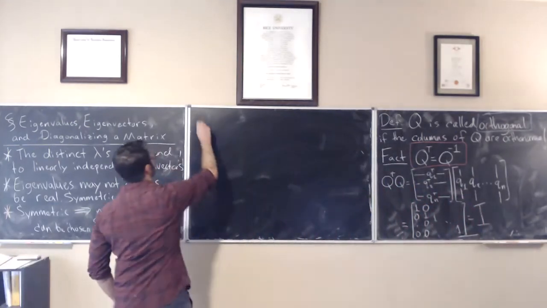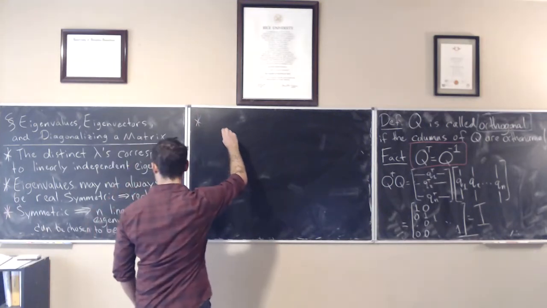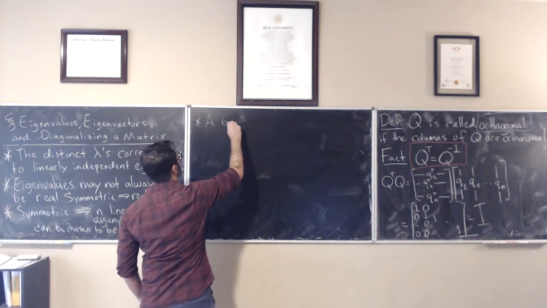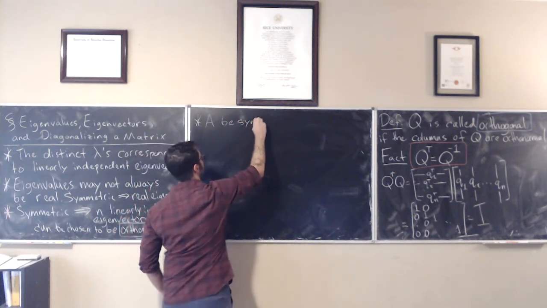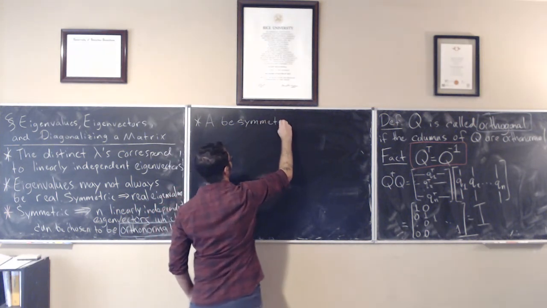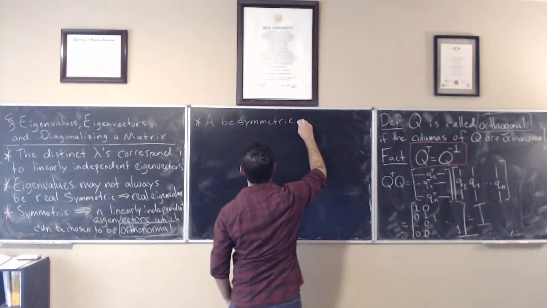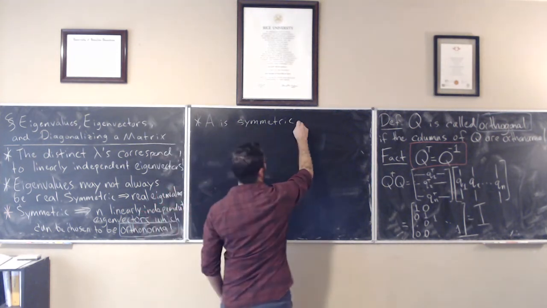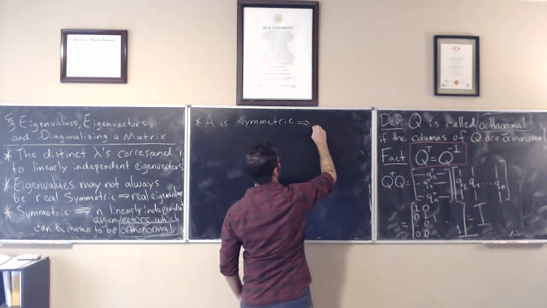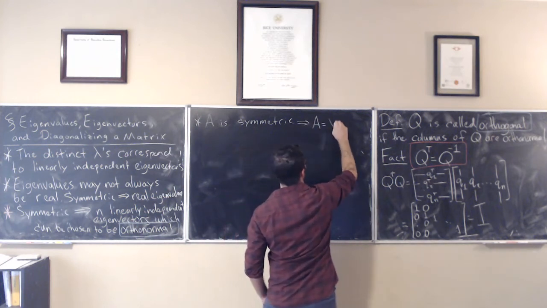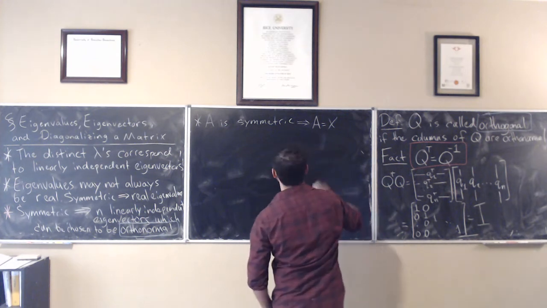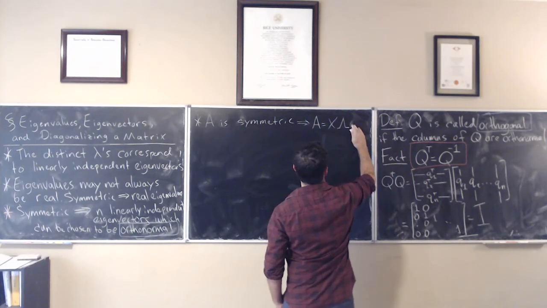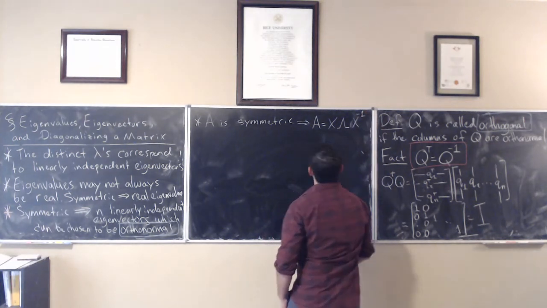All right, so let A be symmetric. So if A is symmetric, that implies that A is equal to X lambda X inverse.